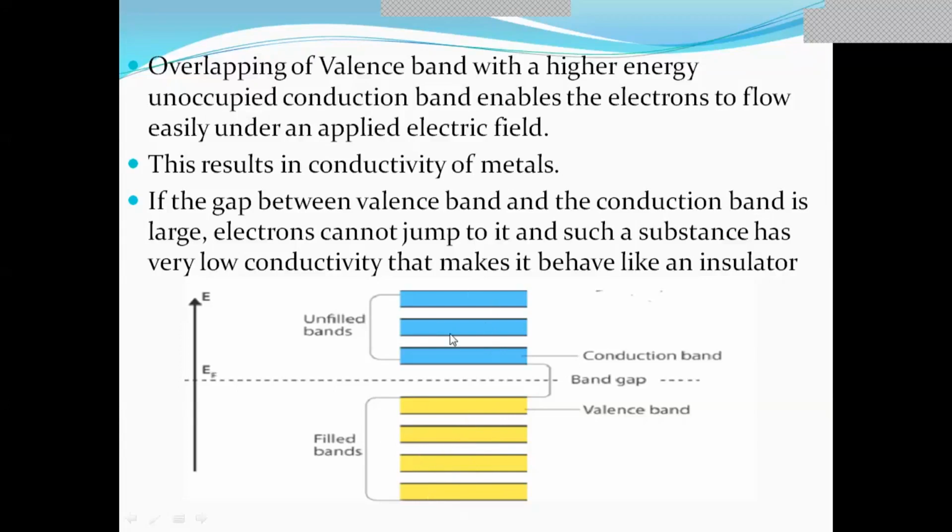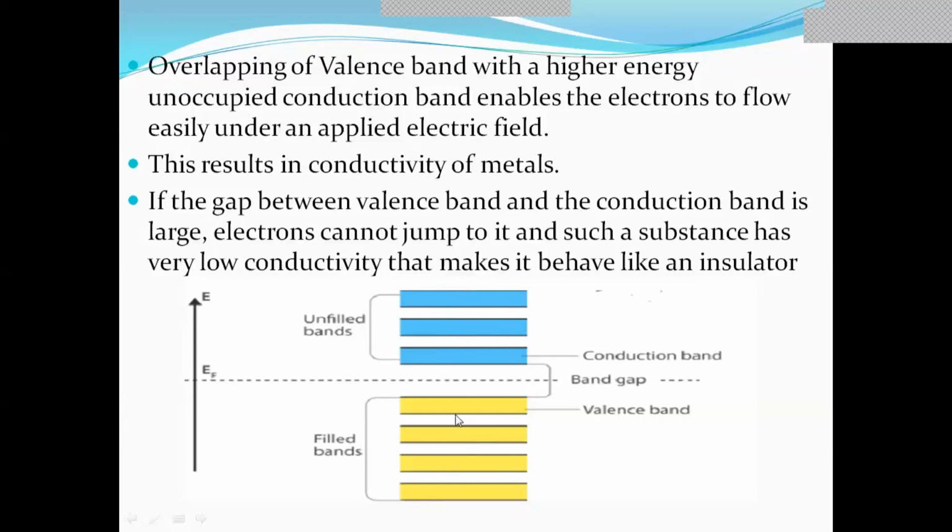And here this blue colored region is called conduction band. It is higher energy level which is unoccupied by electrons. Electrons are not there here. You can't find them. So a set of orbitals of higher energy where it is seen empty, it is unoccupied. It is said to be conduction band.